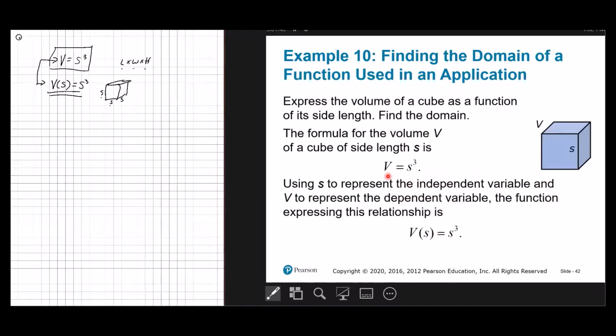Now the question is the domain: what numbers can I use for S? In other words, what numbers can I use for the length of a side of a cube? Can I have a -1 meter for the length of that side?